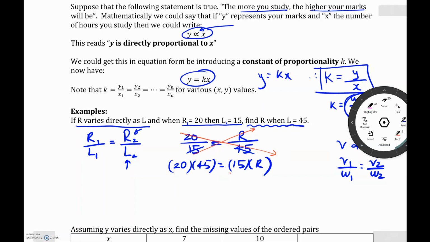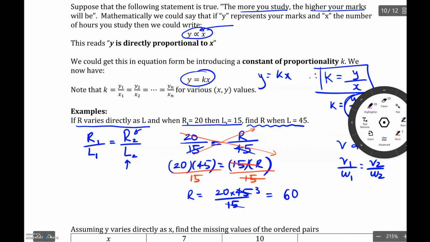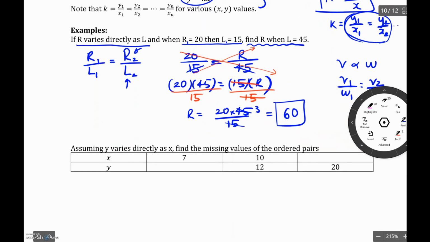Well, I divide both sides by 15. So the 15 goes, and I'm left with R equals 20 times 45 over 15. You could put this in your calculator, or you could say 15 into 45 goes 3, 20 times 3 gives me 60. Okay, so that's my answer for that section.